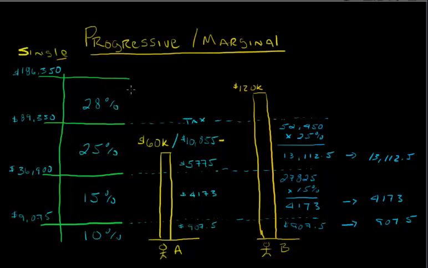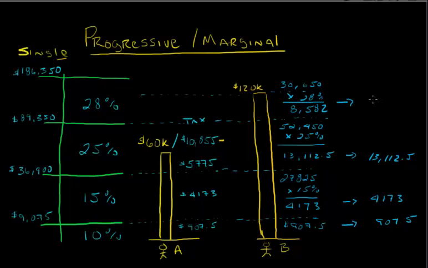So we notice that you don't go all the way to the top of that. It's only a certain portion of that that is going to be taxed at 28%. In this case, it's another $30,650, which we now multiply by 28%, and that comes up with $8,582.